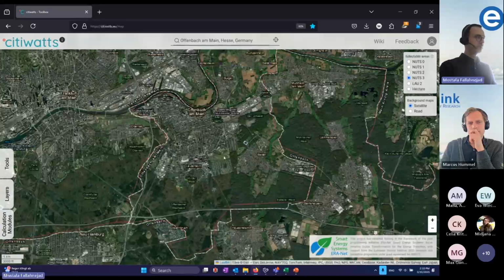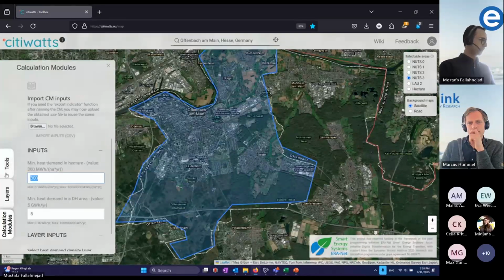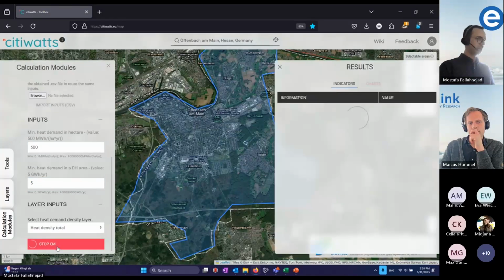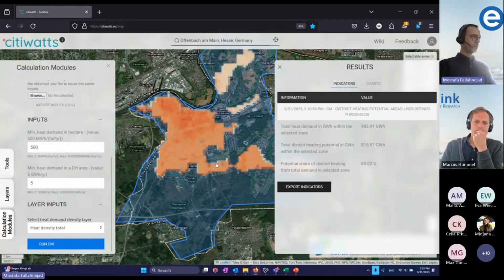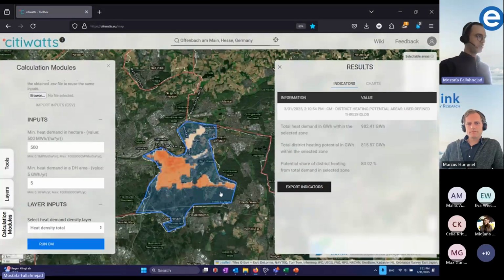All right. So now I give 500 and run the calculation module once again. So it's a little bit smaller now. Some other regions are removed, and now we have 3 regions in the map. So you can play around with these numbers to identify potential district heating areas.